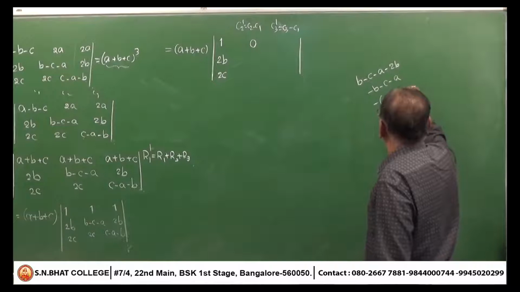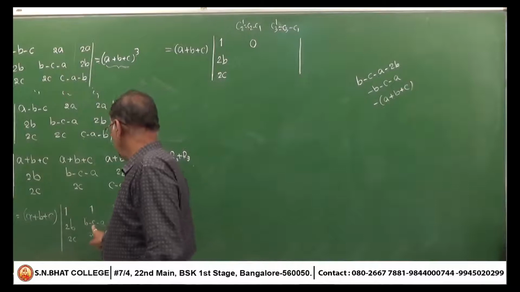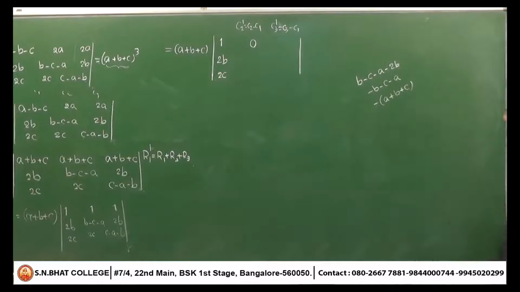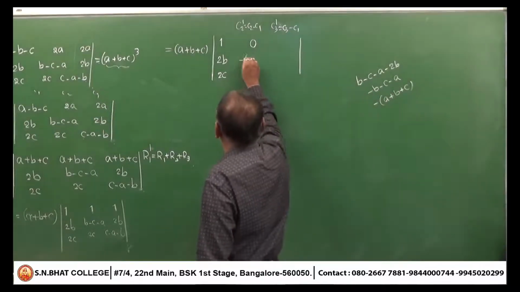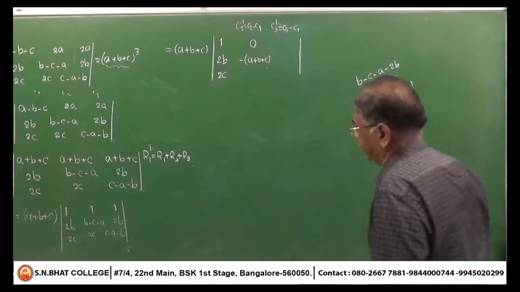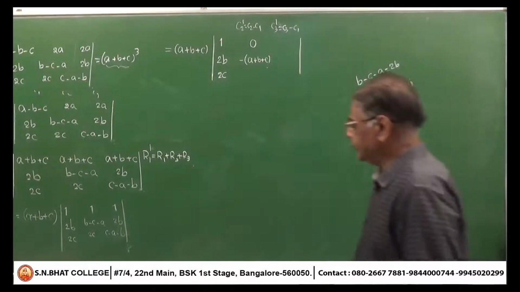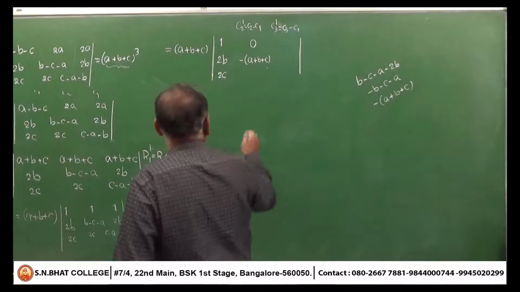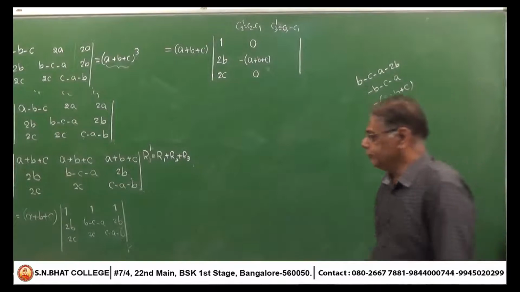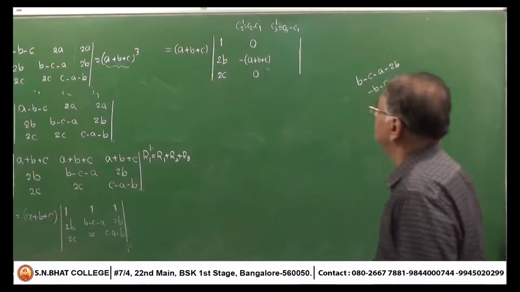If I take minus as a common factor, it becomes minus of a plus b plus c. Next, 2c minus 2c is 0.